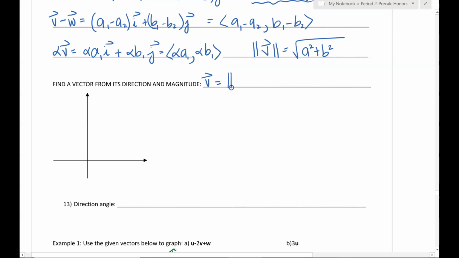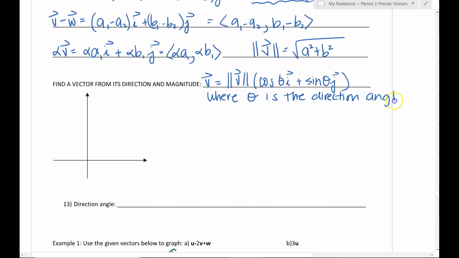Vector v equals the magnitude of vector v times cosine of theta in the i direction plus sine of theta in the j direction, where theta is the direction angle between vector v and i.